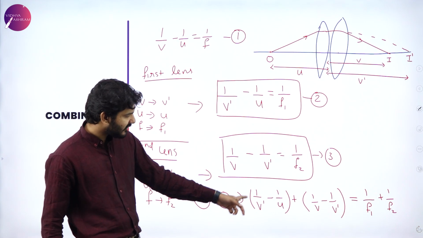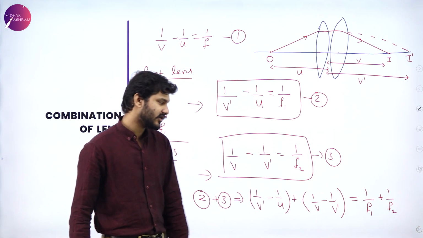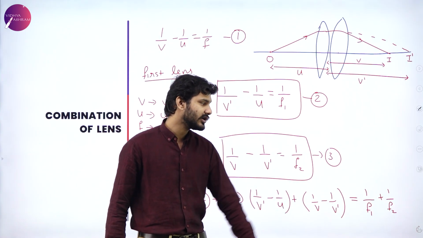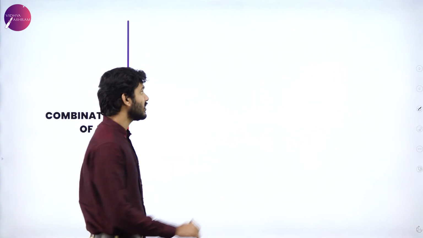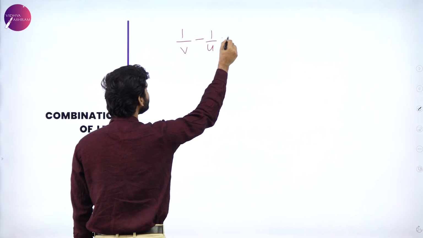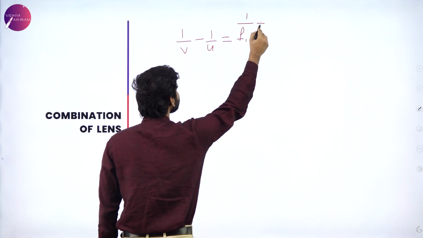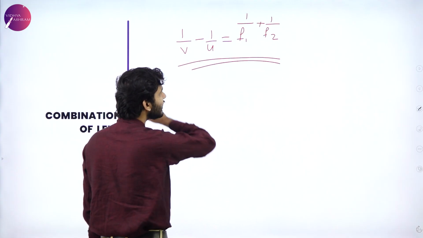So on the left hand side, we have 1 by V dash and minus 1 by V dash. They cancel out each other. Then it will be 1 by V minus 1 by U is equal to 1 by F1 plus 1 by F2. This will be the final equation.